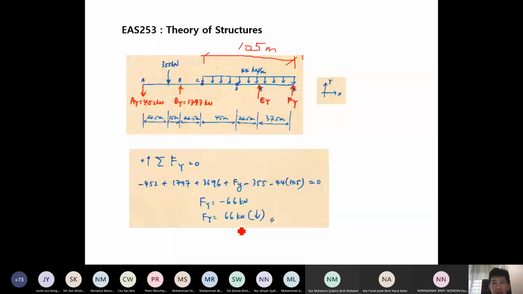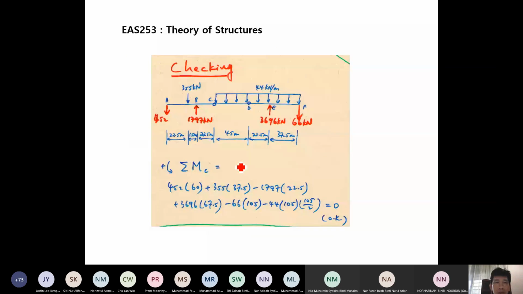So with this, we solve for all the unknown forces, AX and also AY, BY, EY, and FY. And again, if you want to do checking, these are all the forces already calculated. AX is not indicated here because AX is equal to 0, but in the solution process, you have to calculate it.